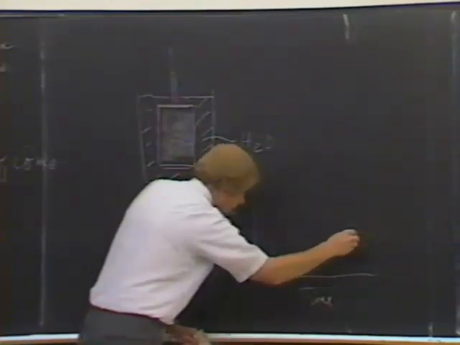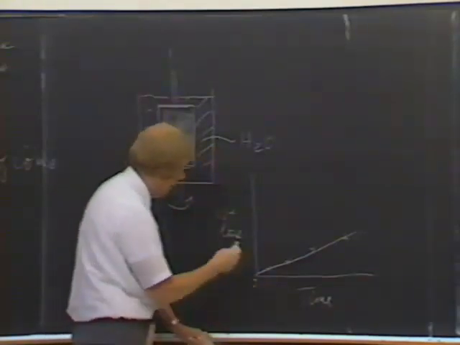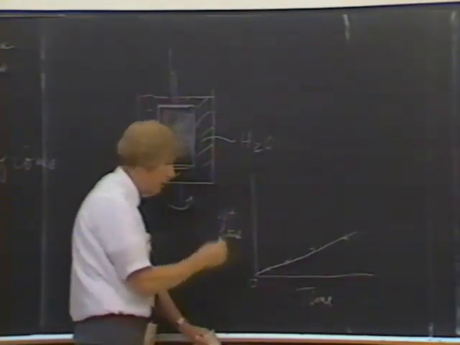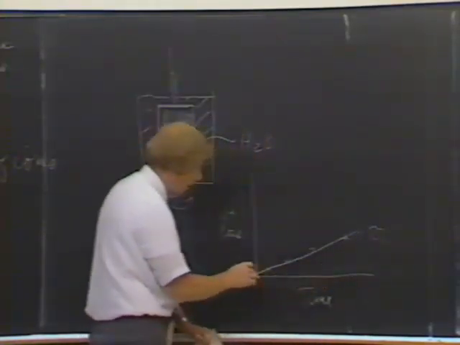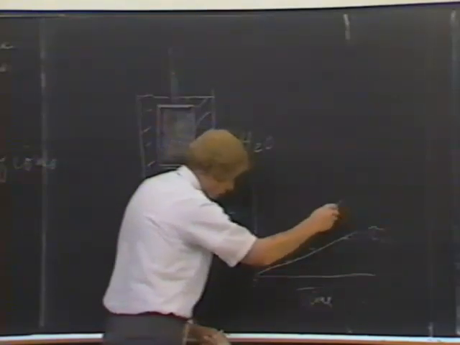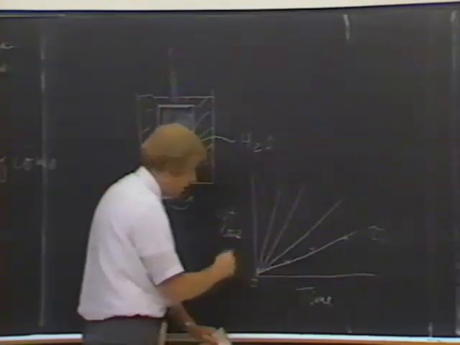Then if we did it at another RPM, this is shear stress 1, we'd get a similar plot that looked like this, and another shear stress, and so on. So at different shear stresses, we could measure the erosion rate, or the weight loss.